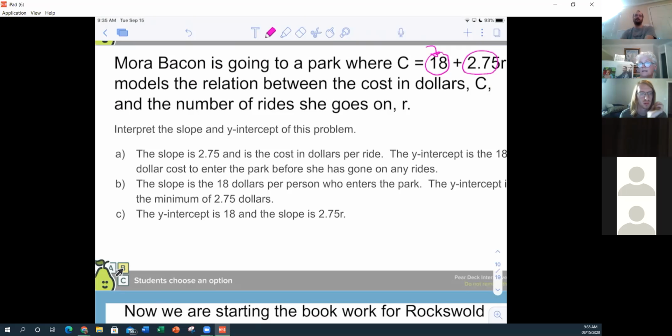The cost to manufacture things is what causes things to change, because the more you manufacture, the more it's going to cost to operate your company. So always think about what it means.